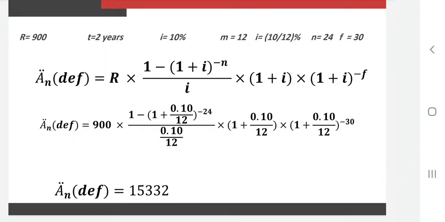We will include 1 plus I in the formula, so the formula will be A double dot N deferred equals R times 1 minus 1 plus I to the power negative N over I, times 1 plus I, times 1 plus I to the power negative F. So A double dot N deferred equals 15,332.